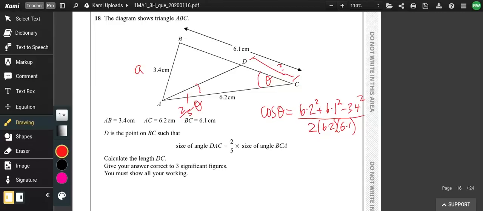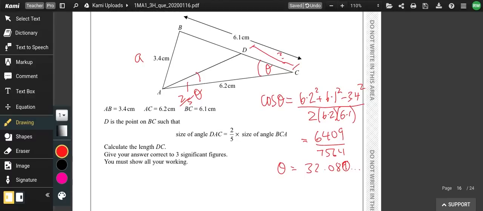Over 2 times 6.2 times 6.1 gives us 6409 over 7564. So theta is going to be the inverse cos of that, 32.080 degrees. I'm going to store that in the memory because I can't simplify that anymore.